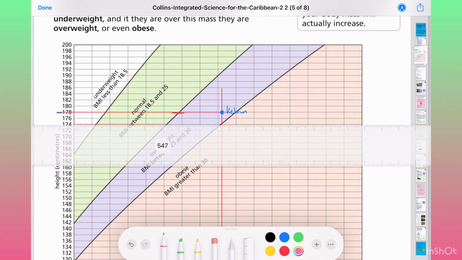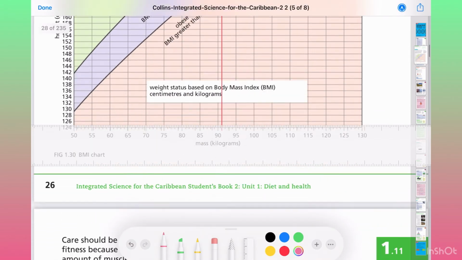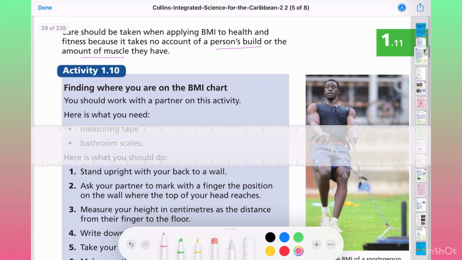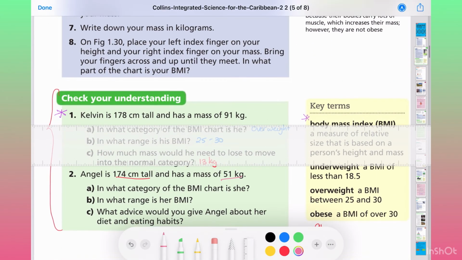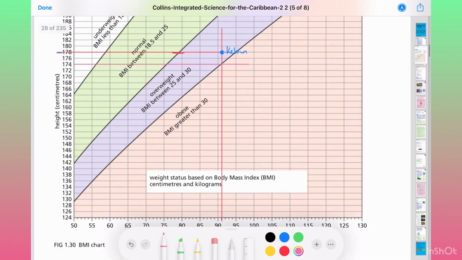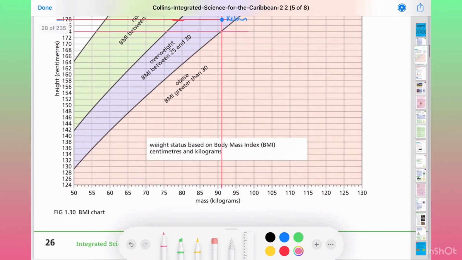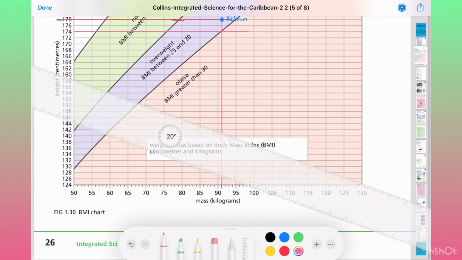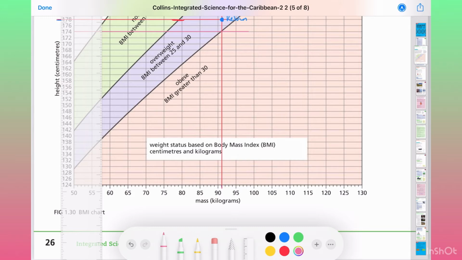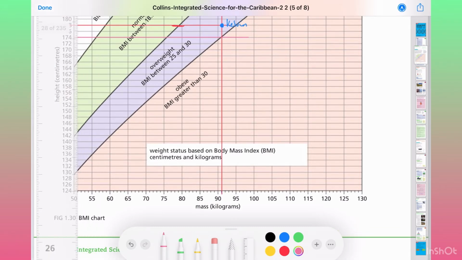I'm just going to draw a line to represent that. And then her weight or her mass is given as 51 kilograms. So I'm going to use my ruler again. I'm going to find 51. So that's 51 here.